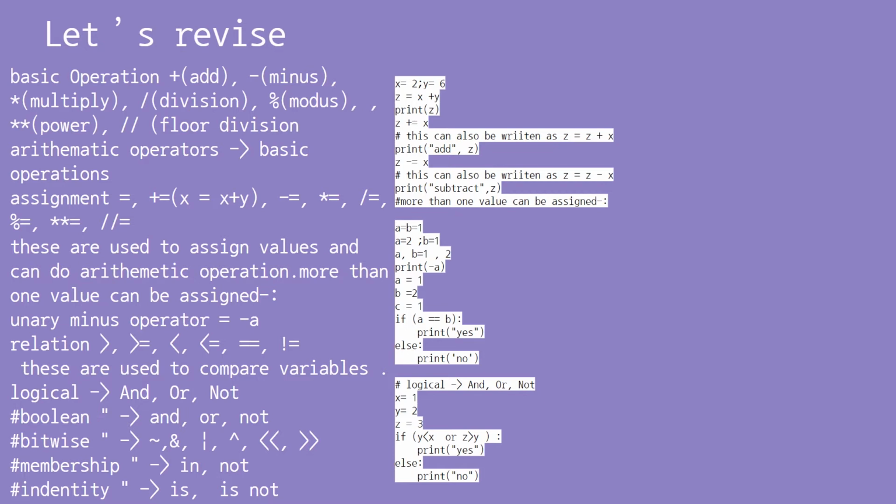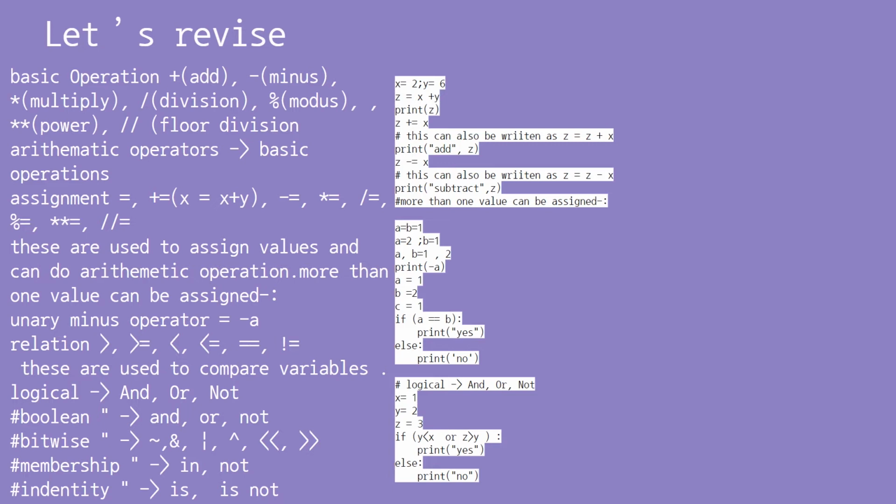Assignment operators are used to assign values, and they can be used to do operations with the variable. Like if we have to write x is equal to x plus y, we can always write it as x plus equal y, and this can be done with all the other basic operations.